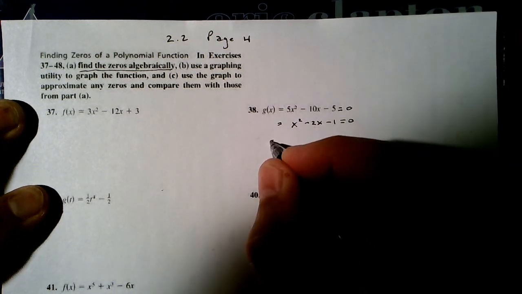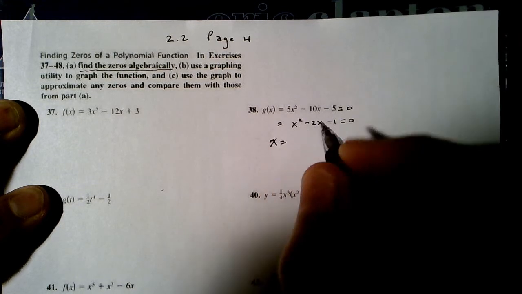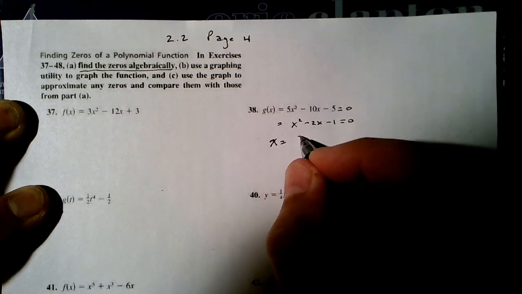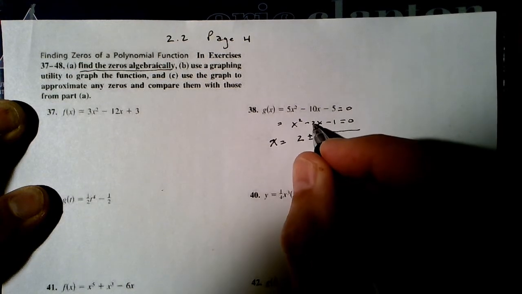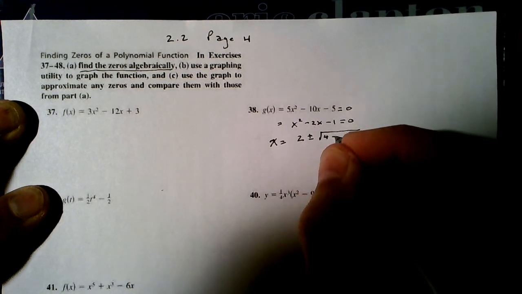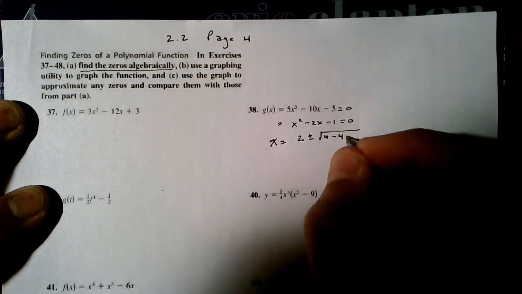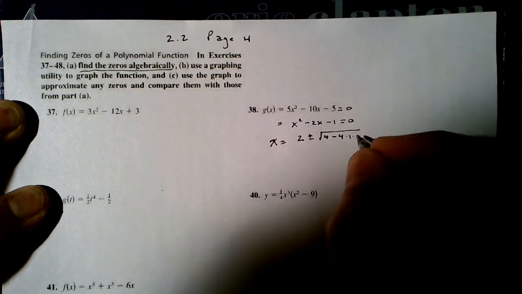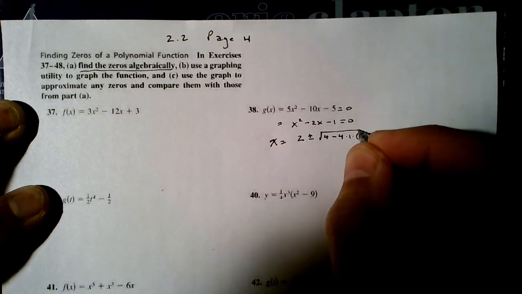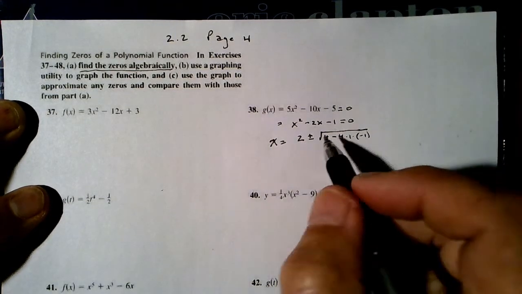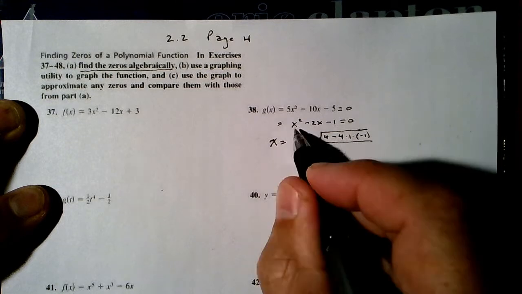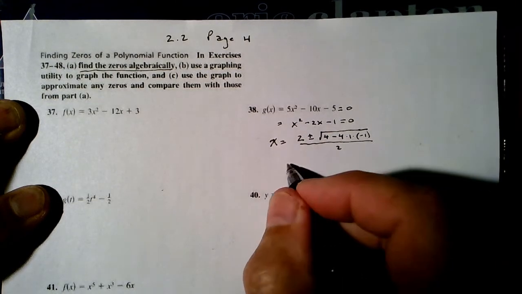So x equals the opposite of b, positive 2, plus or minus the square root of b squared, negative 2 squared, 4, minus 4 times a, 1, times c, negative 1. I can't tell you how many times really good math students make that mistake and just ignore negatives. All over 2 times a, all over 2.